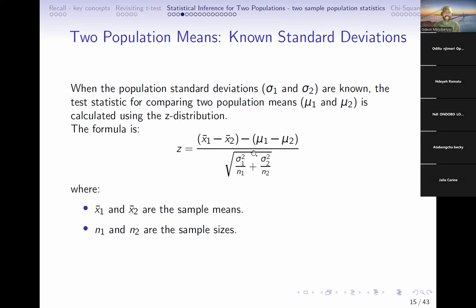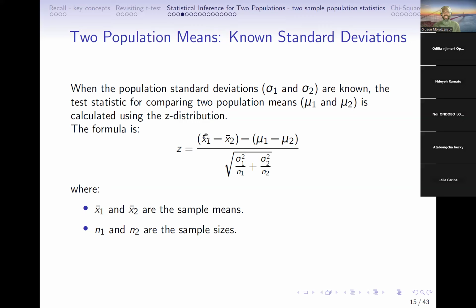So the formulas are quite similar, except that we are dealing with two variables, 1 and 2, where 1 and 2 represent the populations. So if you have to do a study where you need to deal with two populations, you can easily, from the one population test, know how to set up the two population tests.